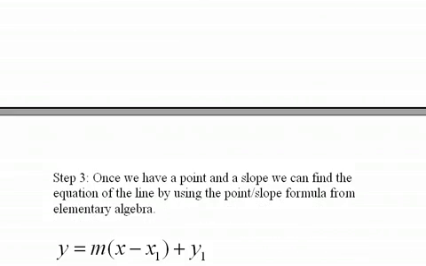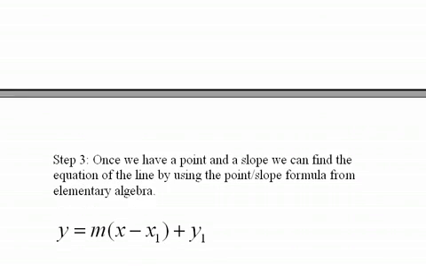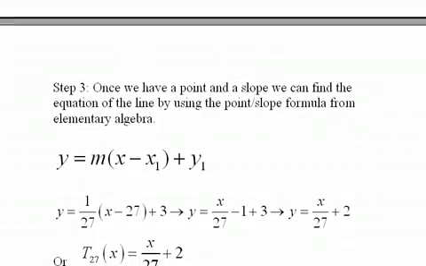Once we have a point and a slope, we can find the equation of the tangent line in this case, by using the point slope formula from elementary algebra, y equals m times x minus x1 plus y1, where m we know, and x1 we know from our point, and y1 we know from our point. And when we do this, here's what happens.